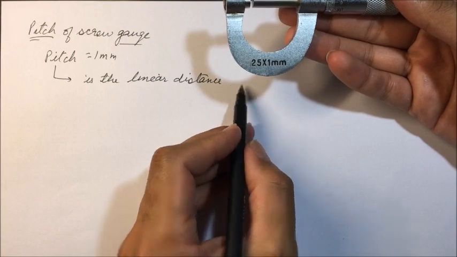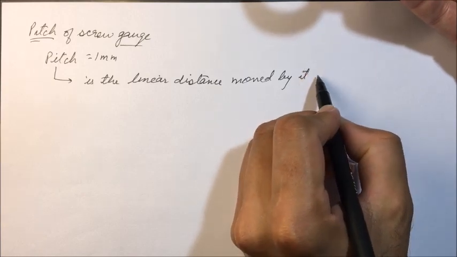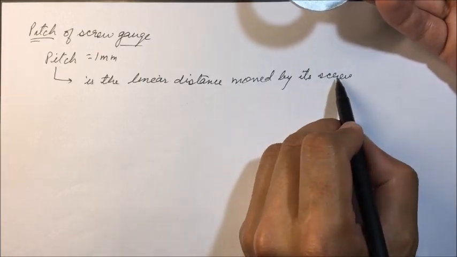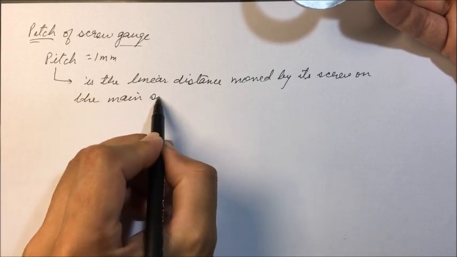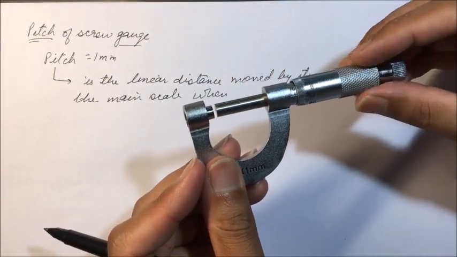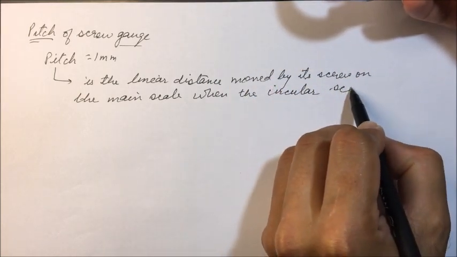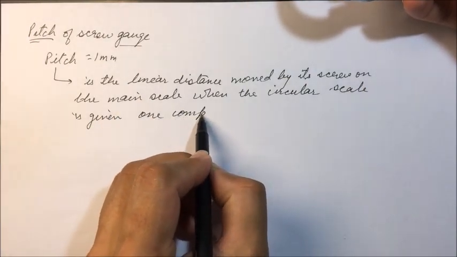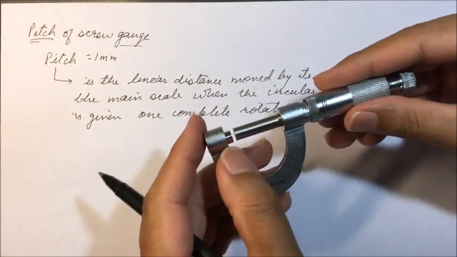So the linear distance moved by its screw on the main scale, when the circular scale is given one complete rotation, is the pitch of the screw.